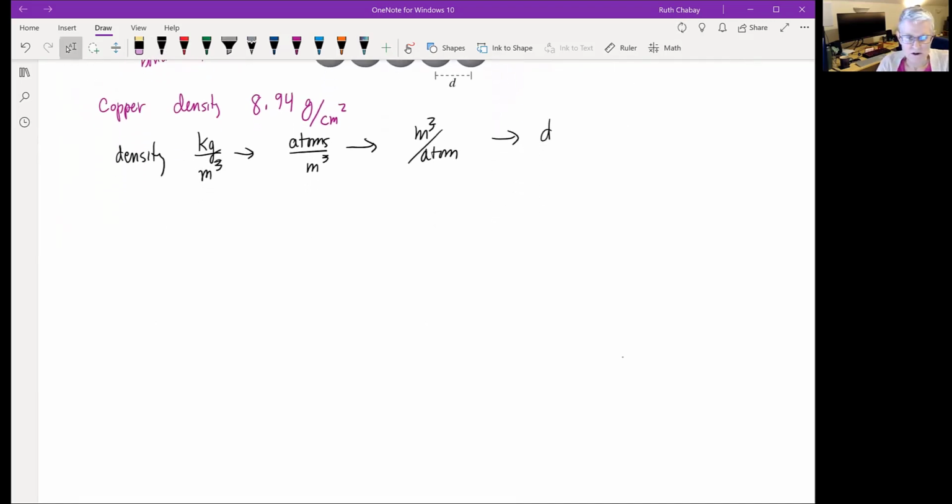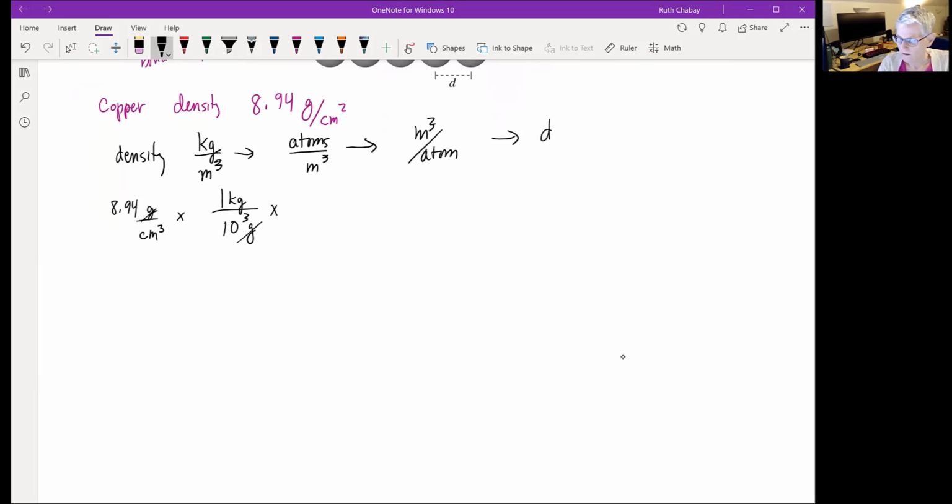So the first part is just to convert grams per cubic centimeter to kilograms per cubic meter. We have 8.94 grams per cubic centimeter, and going back to your chemistry conversions of units, we have 1 kilogram per 10 to the third grams, so grams should cancel.